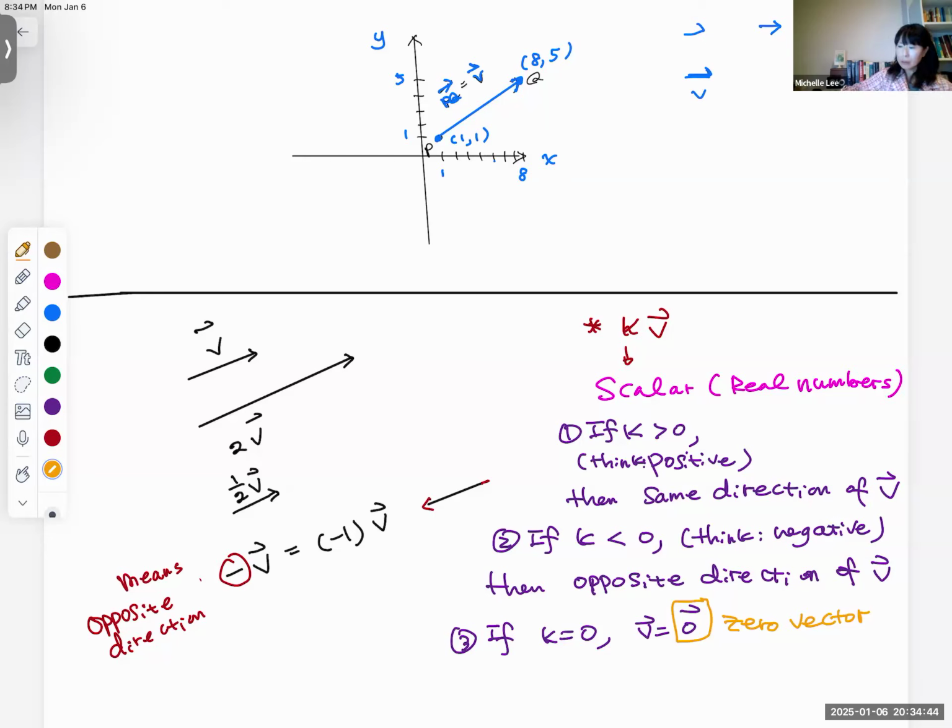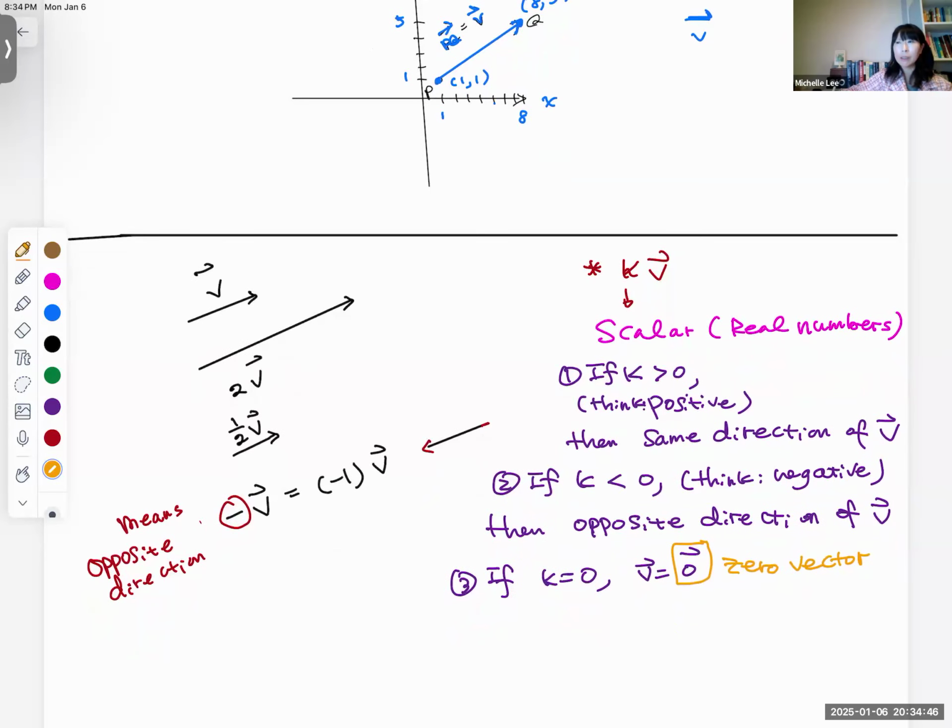So that means the 0 vector has no magnitude and no direction, right?